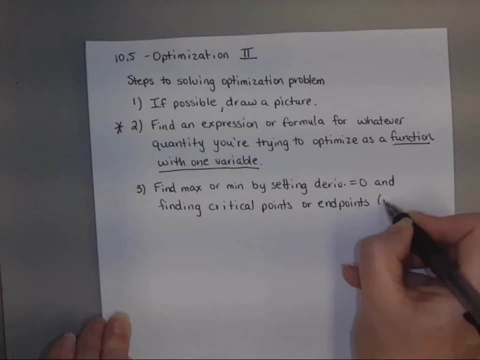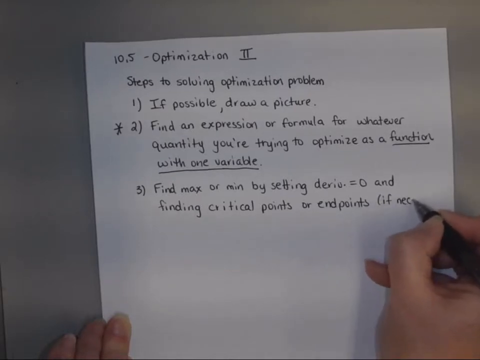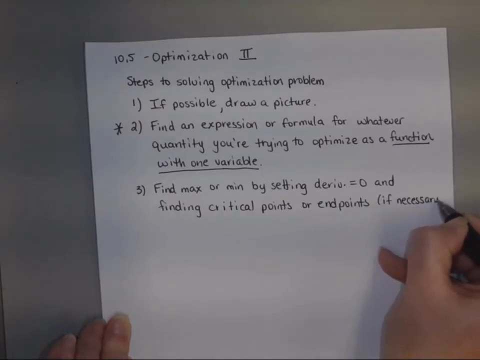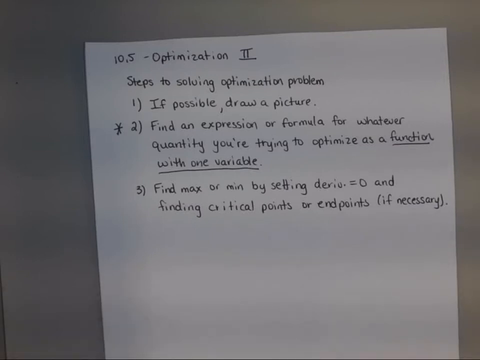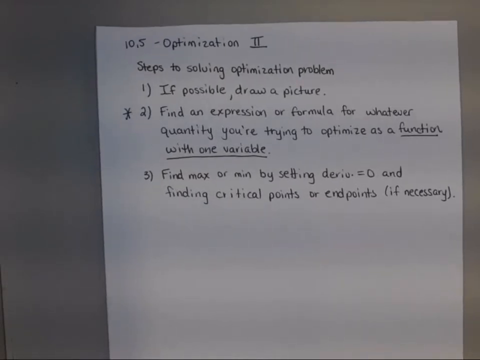So endpoints, right, or where else? Or critical points, right, or turning points. I say if necessary because the endpoints may not make sense for the problems that we're doing. Often in the real life problems we're doing, for instance, our variable will need to be positive, so the understood beginning endpoint will be 0.